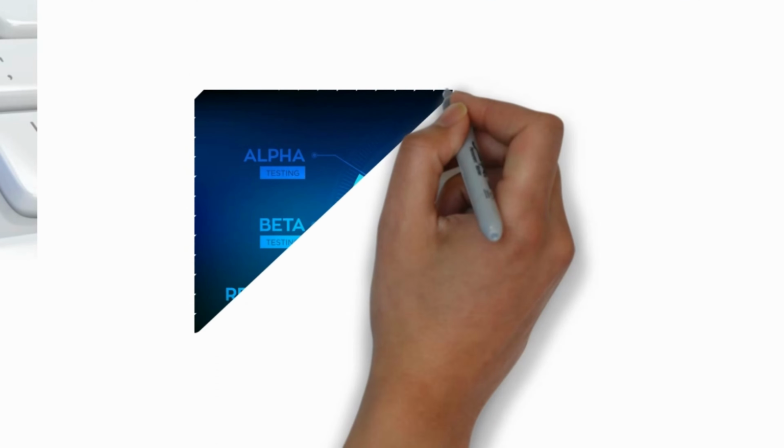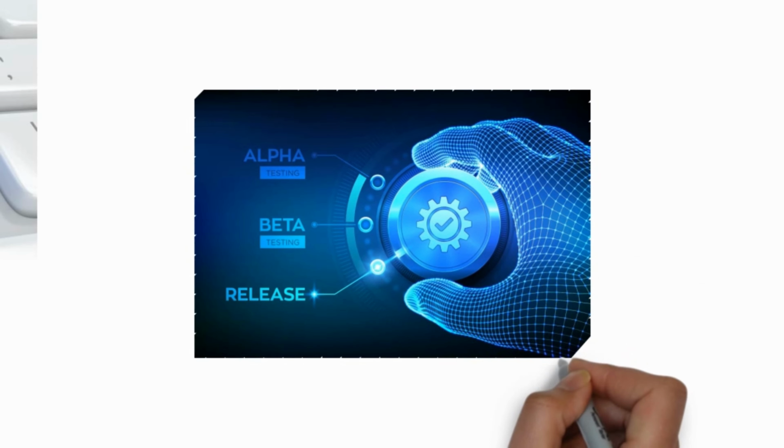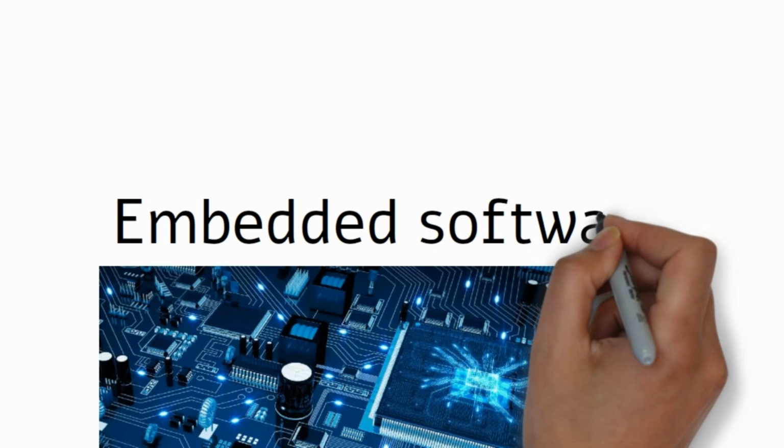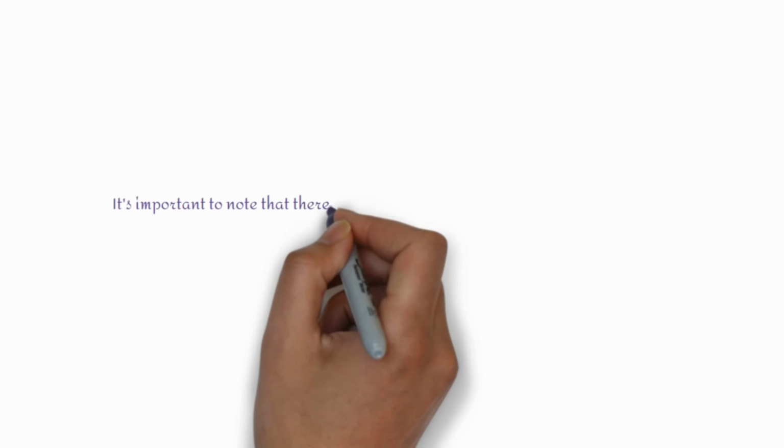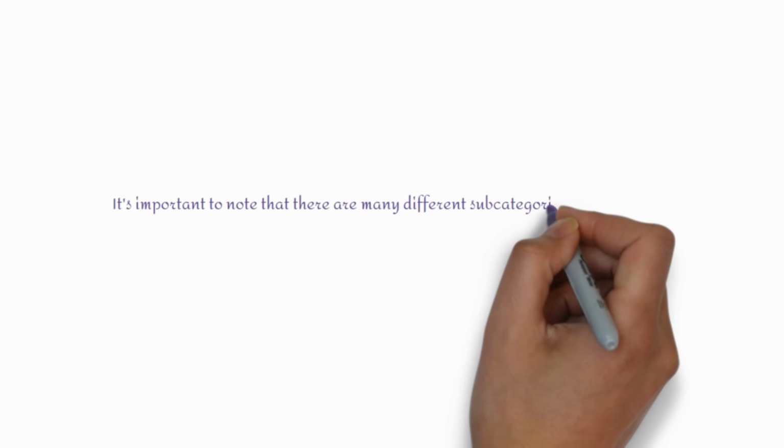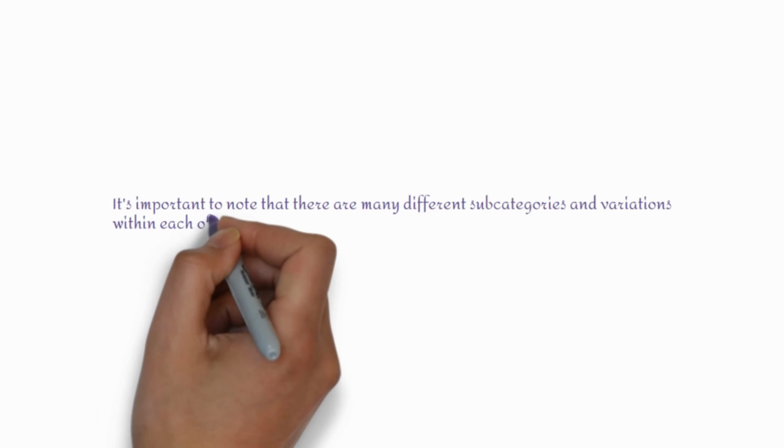Utility software: programs such as antivirus, backup, and compression software that help manage and maintain a computer system. Development software: programs such as compilers, integrated development environments, and version control systems used to develop, test, and debug software. Embedded software: programs that are embedded in hardware devices such as appliances, cars, and medical equipment.